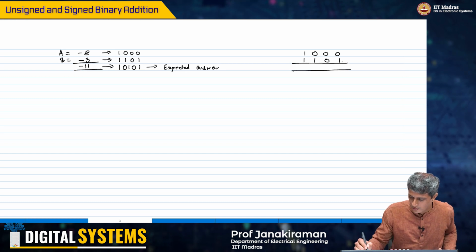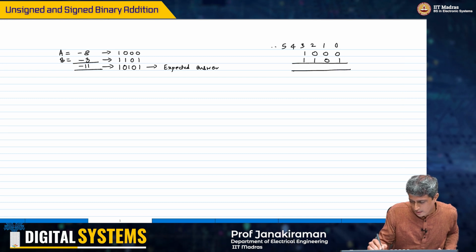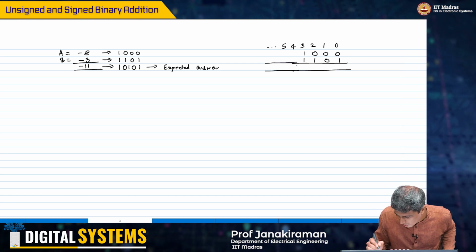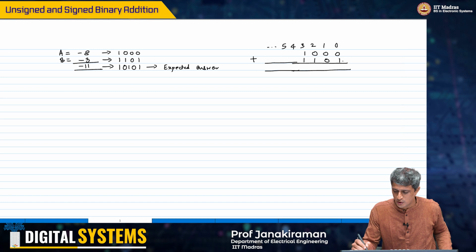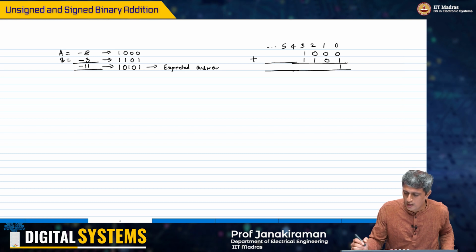Bit position 0 1 2 3 4 5, and I can actually write as many bits as I want here. Plus. So bit position 0 is 0 plus 1, so you get 1.